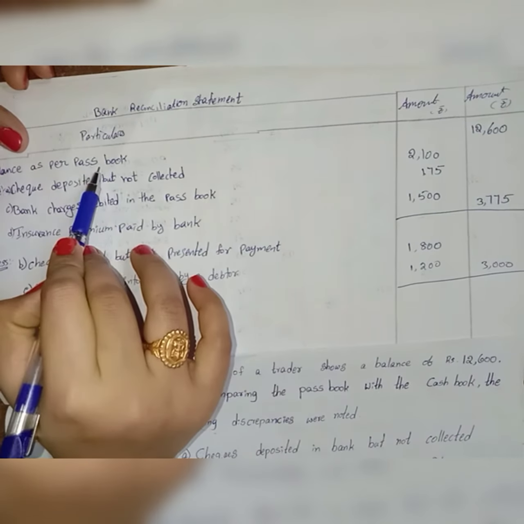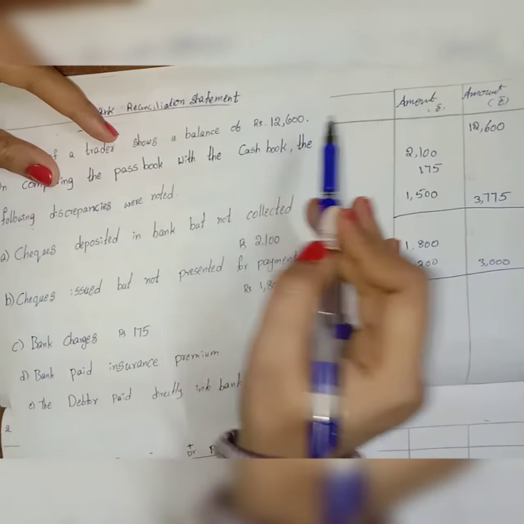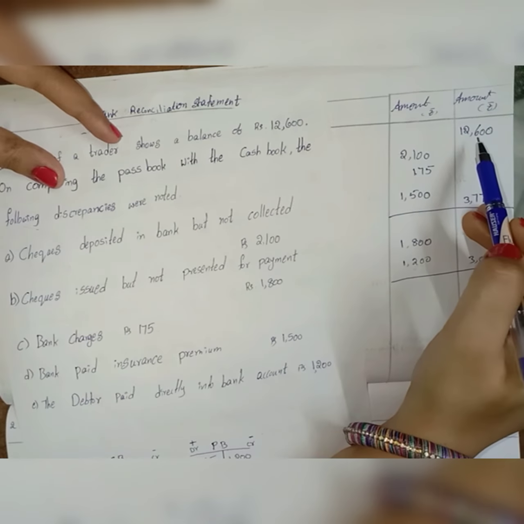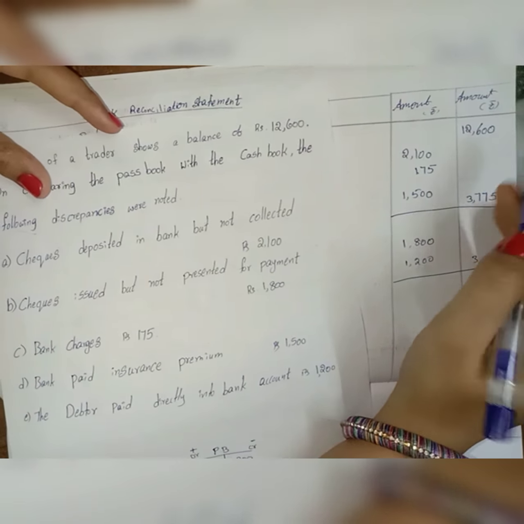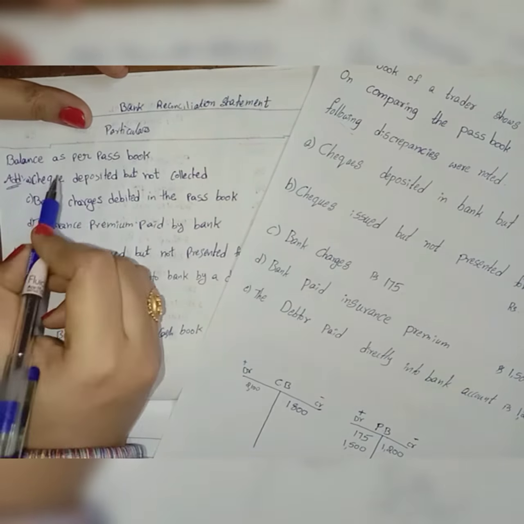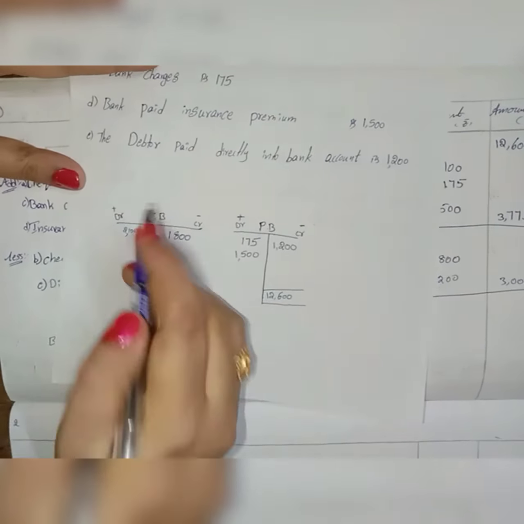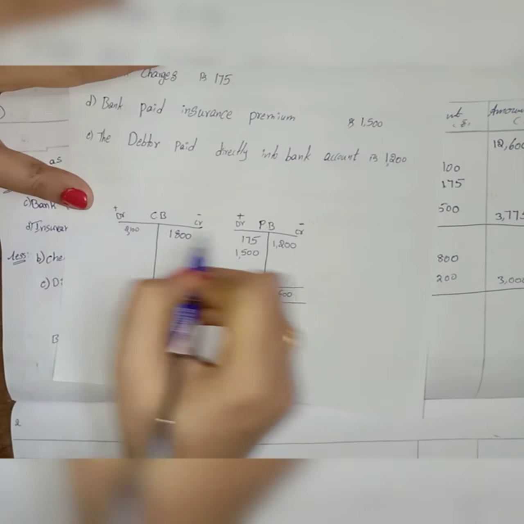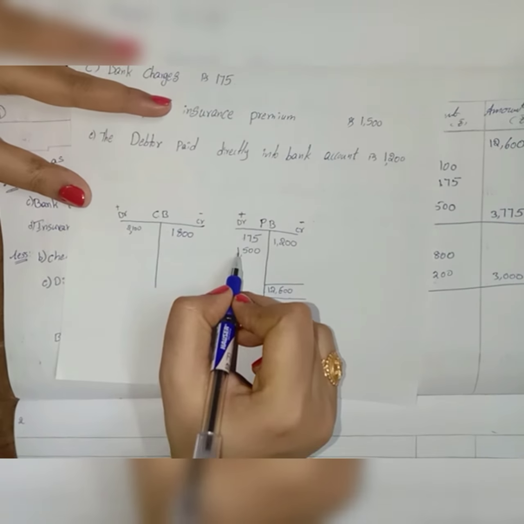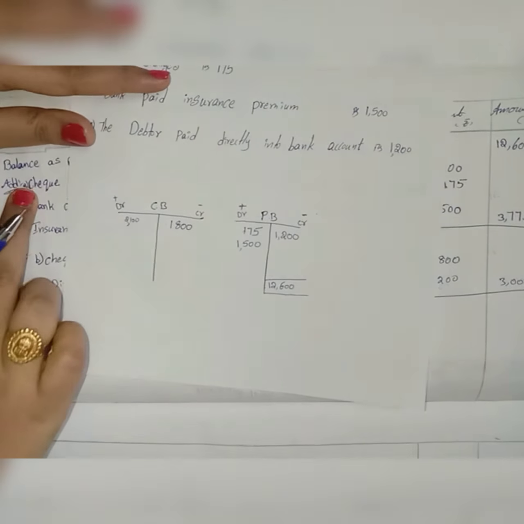Balance as per passbook: here the passbook balance is given, 12,600. We enter it in the outer column. And next, add. Here first we enter all the entries which have plus symbols: 2,100, 175 and 1,500. These three entries we enter here.